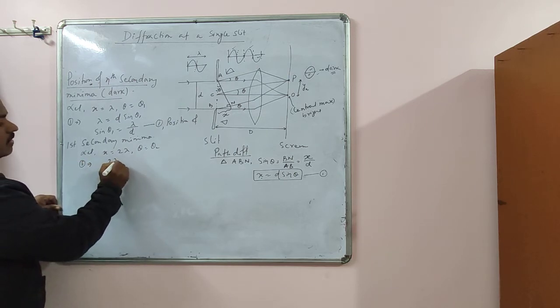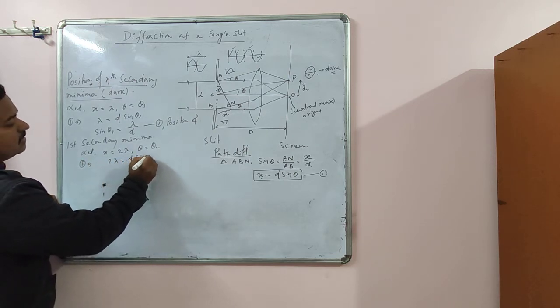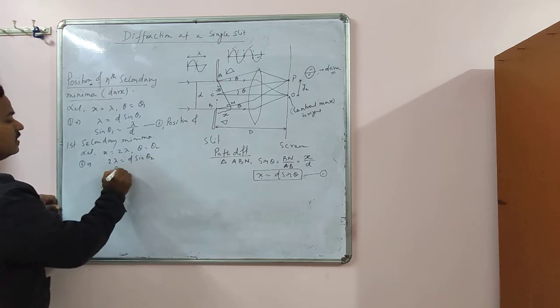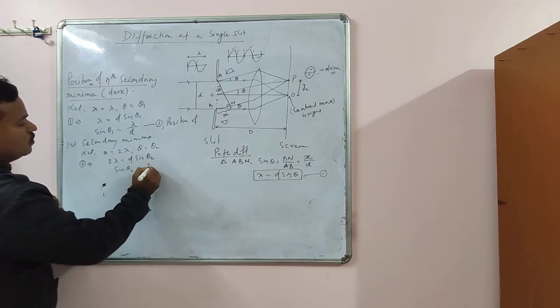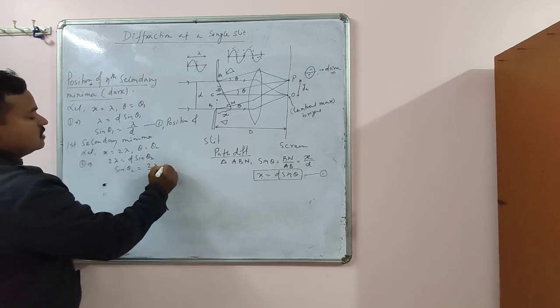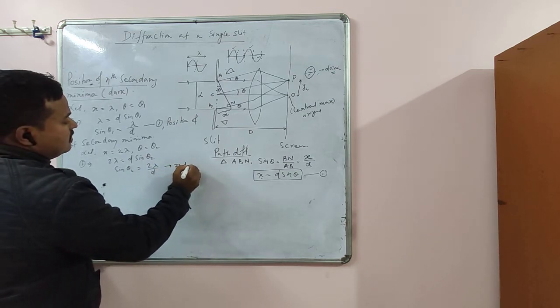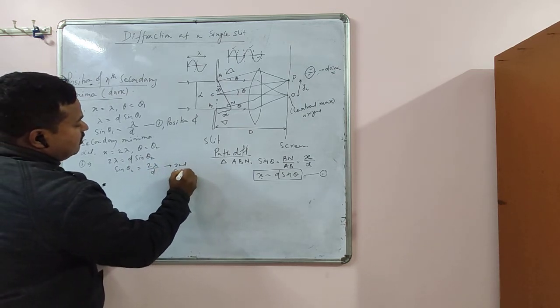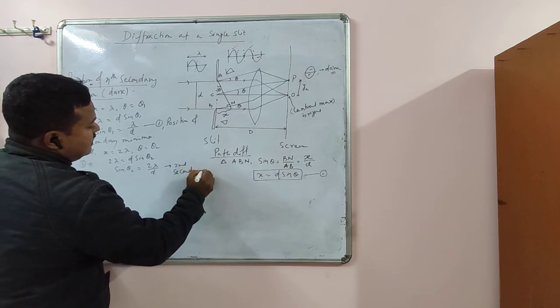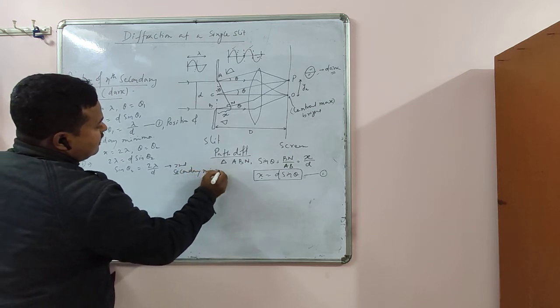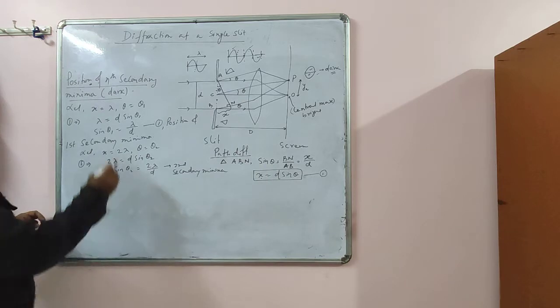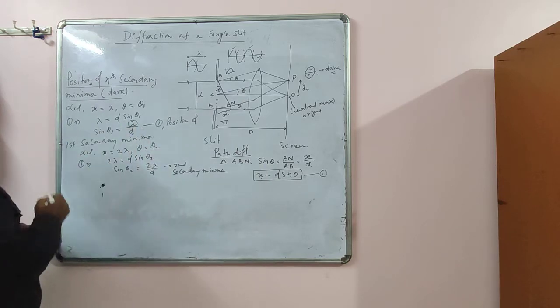So from equation 1, you can write 2 lambda equal to d sin theta 2. So sin theta 2 will be 2 lambda by d. This is the second minima. So this way, if we take x equal to lambda, it is the first minima, 2 lambda, it is the second minima.